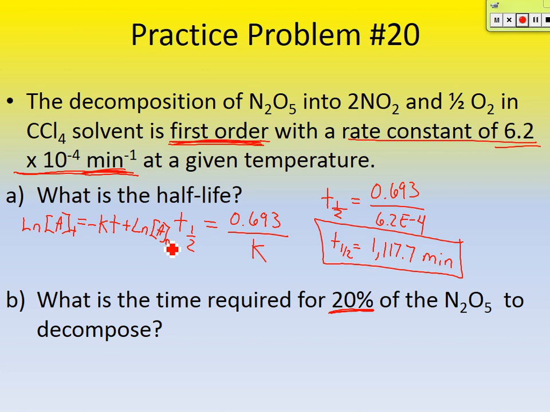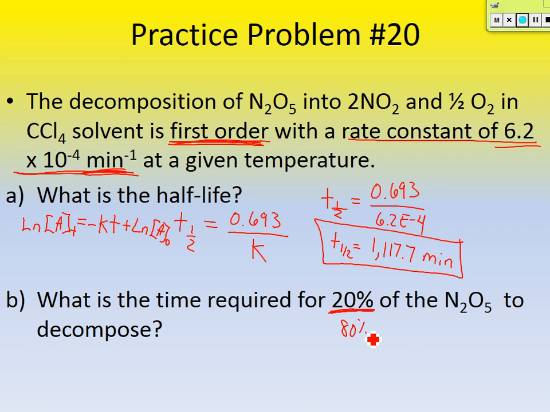And now we kind of have to set this up in a creative way, because it didn't tell us what the final concentration should be, and it didn't come out and tell us what the initial concentration was. But it did say that 20% of it reacted. Think about that. If 20% reacts, how much do we still have? We still have 80%, right? Only 20% of it's gone. We still have 80%.